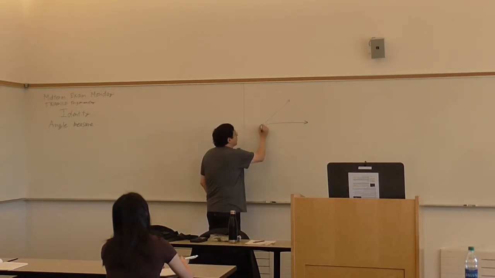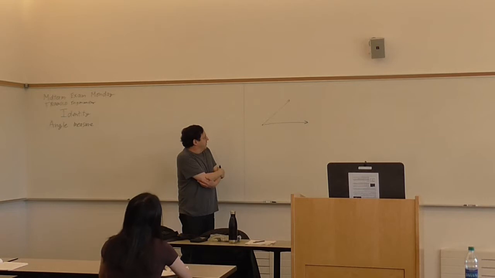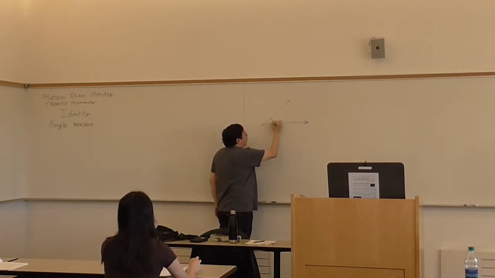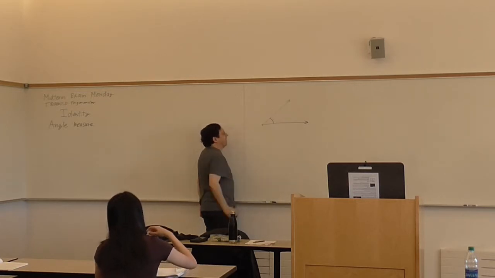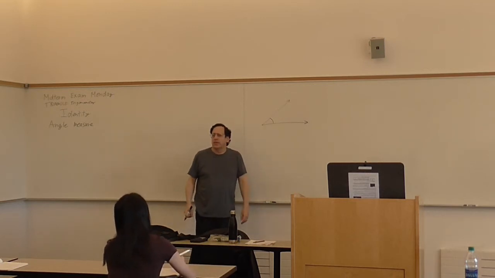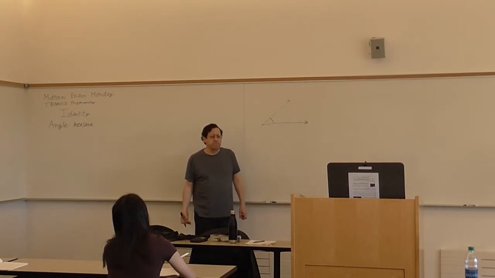We have a vertex and two rays. And we call this entity that we create between them an angle. And we can also talk about the measure of this angle.